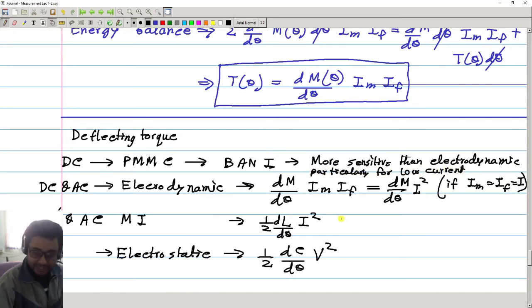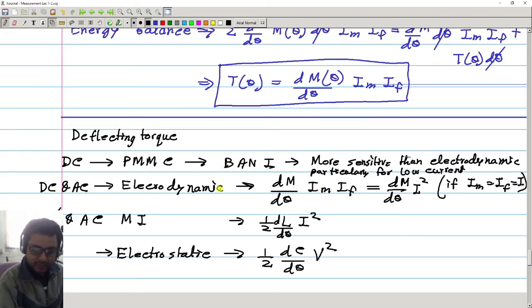Because as you rightly said, the deflection depends on I square. So if I is very small, then deflection will be small here. But in PMMC, even if I is small, B is constant, flux is always constant. So even for smaller I, it will give a significant deflection. But in this instrument, if current is low, flux is also low, and deflection is small.